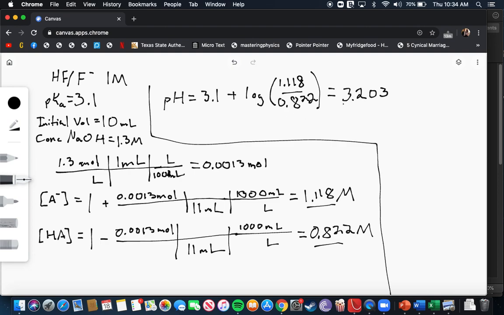So that's how you would do it for each step. All you would have to do is plug in the amount that you add and the final volume for each of these, and you'll get the same result every time.